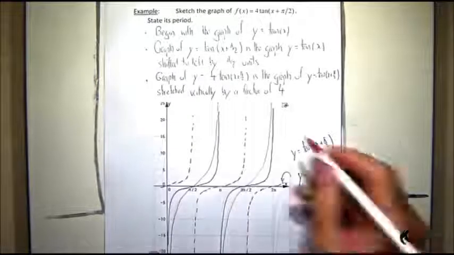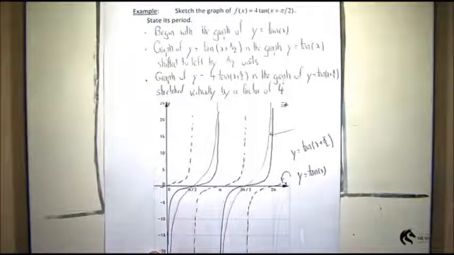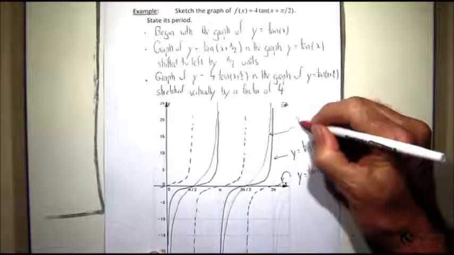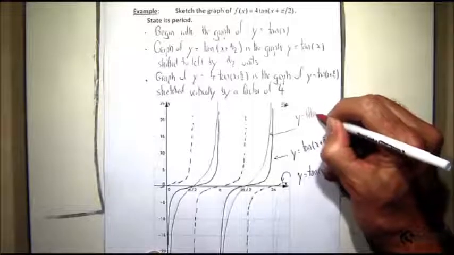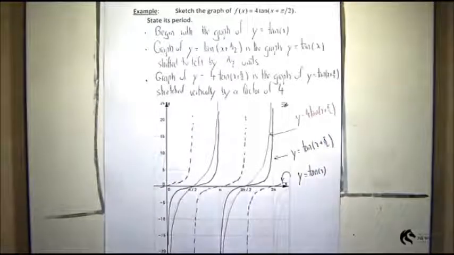So that one there is the graph of y is equal to 4 tan x plus pi on 2. And again, all I've done is stretch this thing. I haven't changed the period at all. And so the period will be pi.